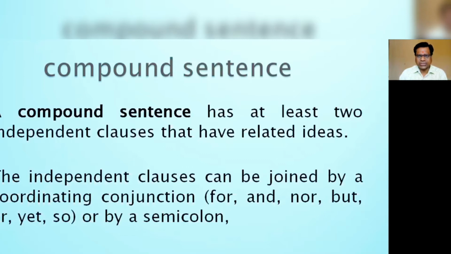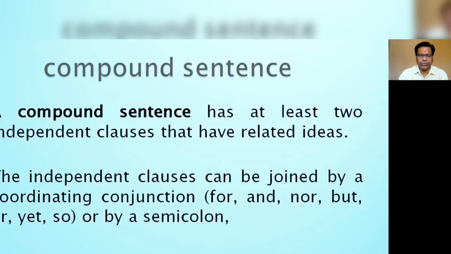A compound sentence has at least two independent clauses that have related ideas. If you compare and contrast it with the first type that you learned, that is simple sentences, you will realize that a simple sentence has a subject and a predicate. Right?